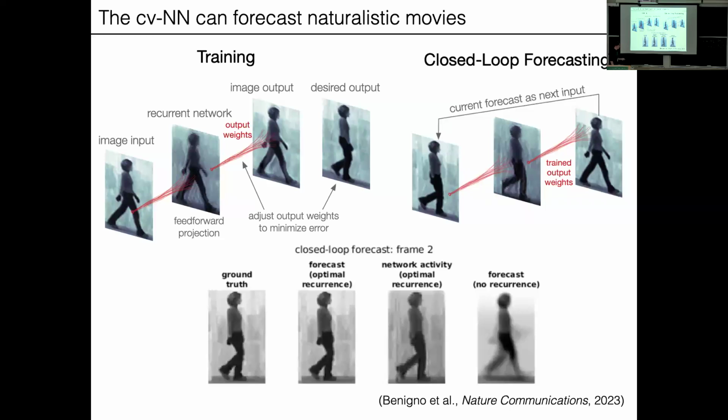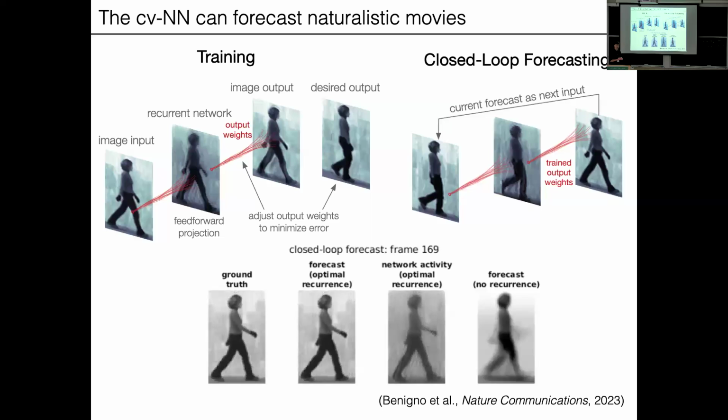And here we find that the network accurately predicts the natural movie using only its connection weights. So the network here is in closed loop forecasting mode. It's feeding its predicted frames back into its input. In this case, again, the recurrent connections in this network are creating intricate spatiotemporal patterns that are resulting from the combination of feed-forward input and recurrence.